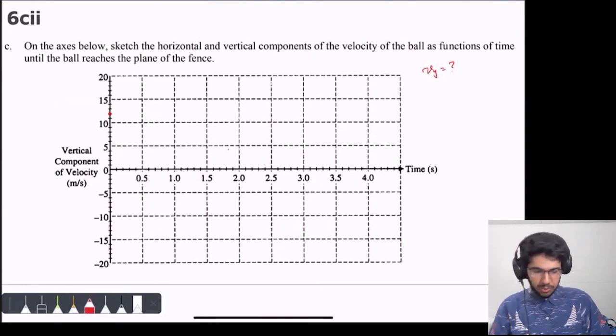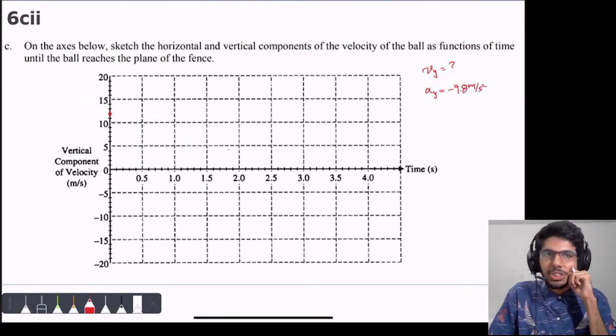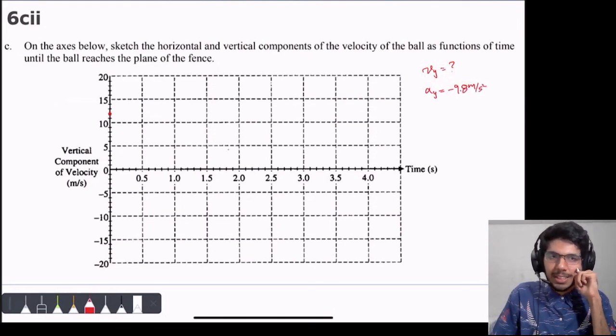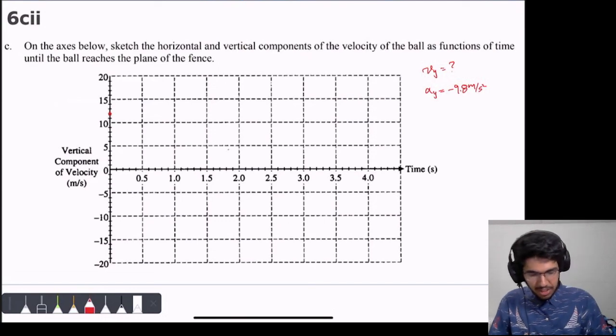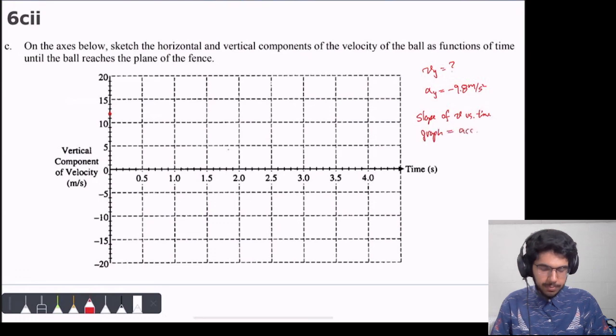What else do we know? We know acceleration in the y direction is negative 9.8 meters per second squared. And then what's the relationship between acceleration and velocity? The slope of velocity versus time graph equals acceleration.